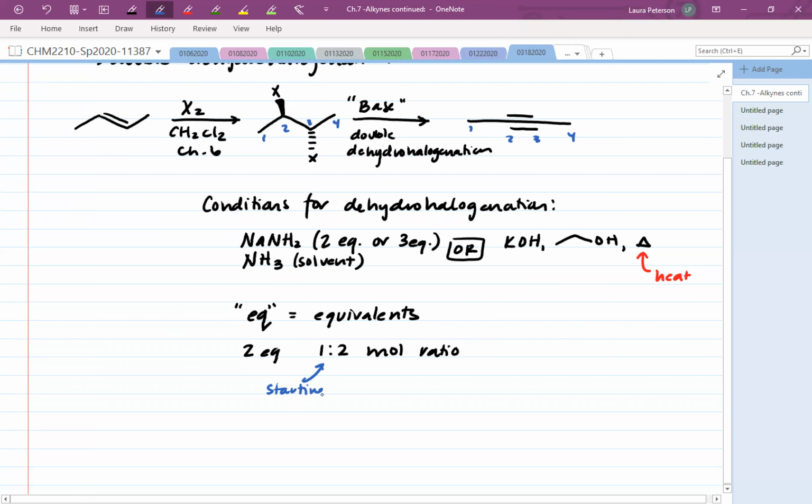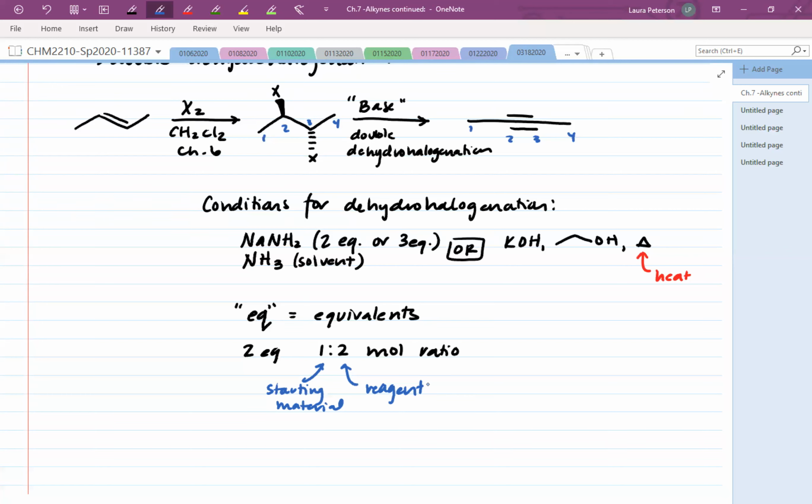So you have 1 mole of your starting material to 2 moles of whatever the reagent is. When we're saying 2 equivalents of NaNH2, that means for every 1 mole of our dihalide we would have 2 moles of our NaNH2. If we had 3 equivalents, that would mean we have 3 moles of base for every 1 mole of our dihalide.